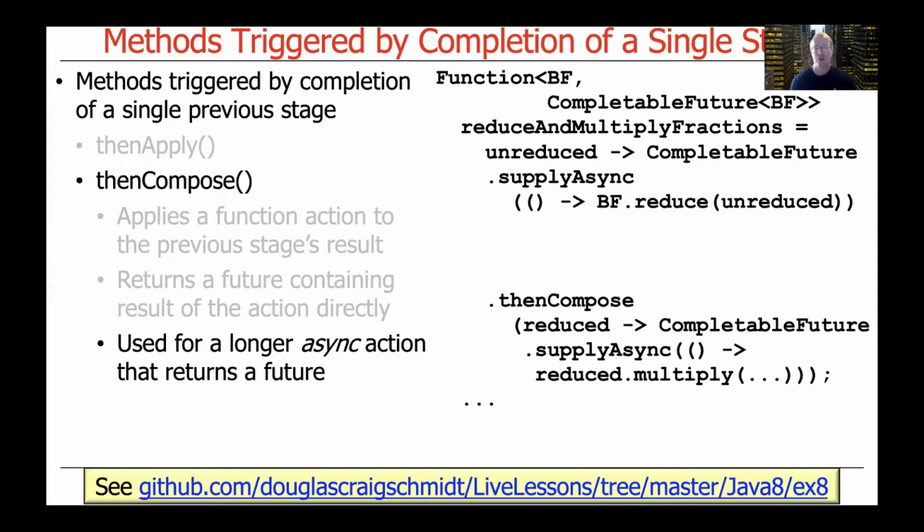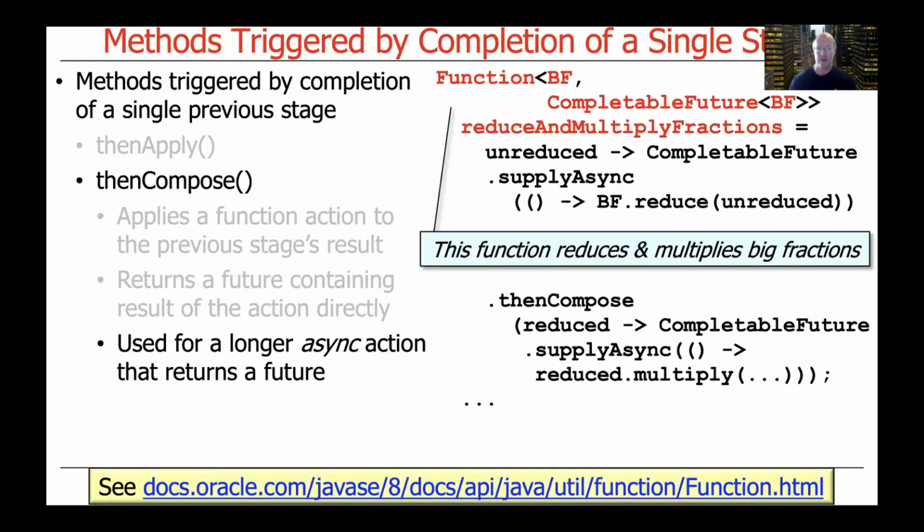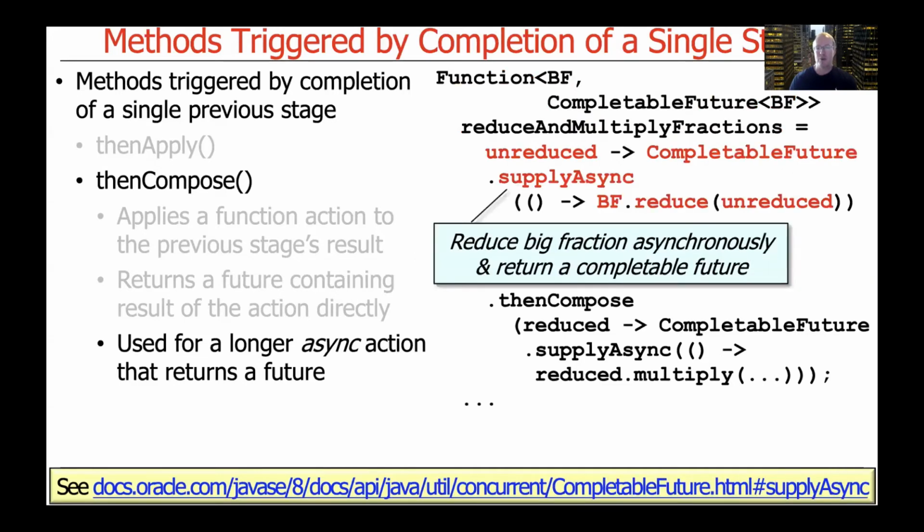So let's take a look at an example here. In this case, we're going to have a function which we call reduceAndMultiplyFractions. You can see that its first generic parameter is a BigFraction. I just abbreviated it to be BF because it gets too long for the slides otherwise. And the second part of the generic function is a CompletableFuture of a BigFraction. And you can see what the reduceAndMultiplyFractions function does.